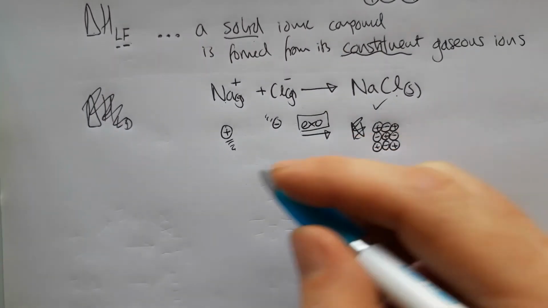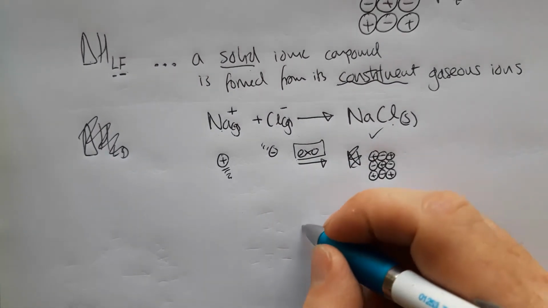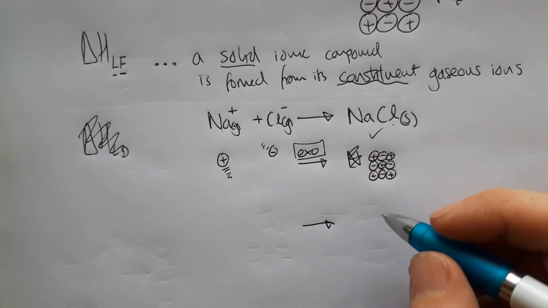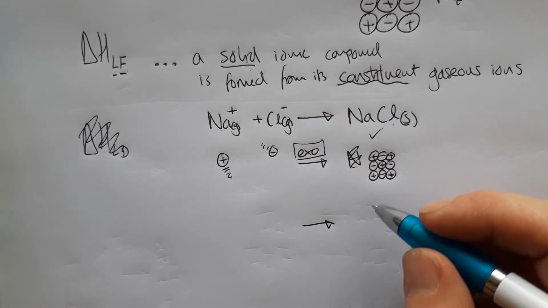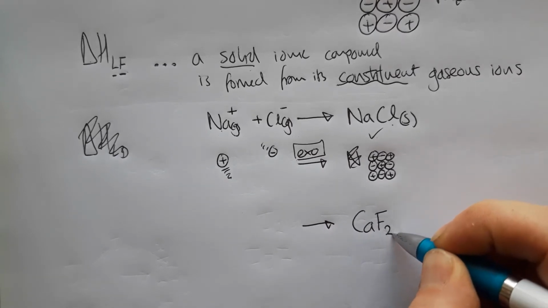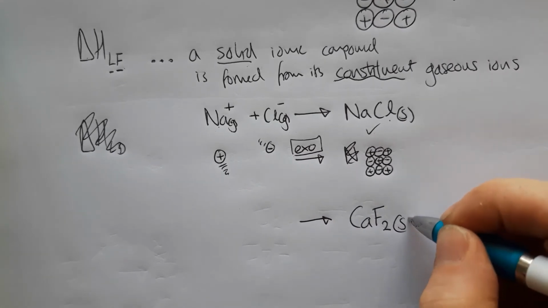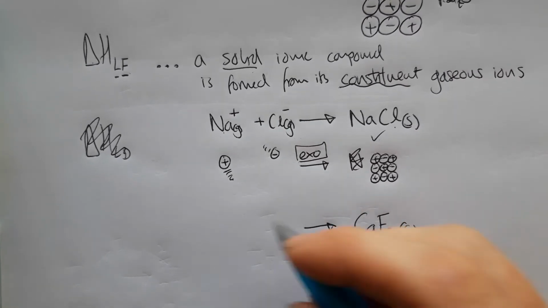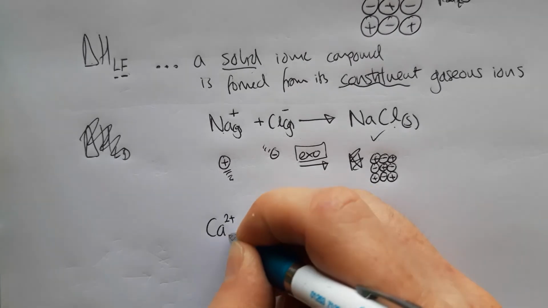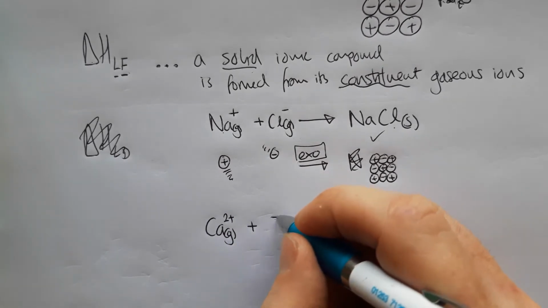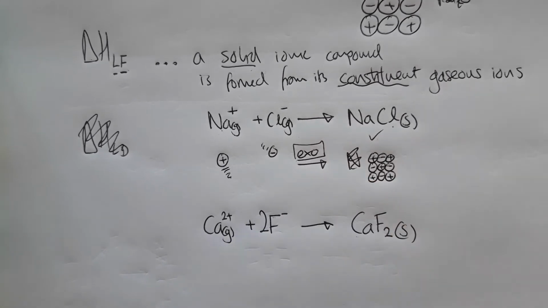All right, I'll do another example, lattice formation. So I'll think of a solid ionic compound, maybe calcium fluoride, CaF2. Solid ionic compound. Constituent gaseous ions, well, this is made of a calcium ion, which is in group 2. So that would be a calcium ion. And fluoride ions are F-, so you would need 2 of them.